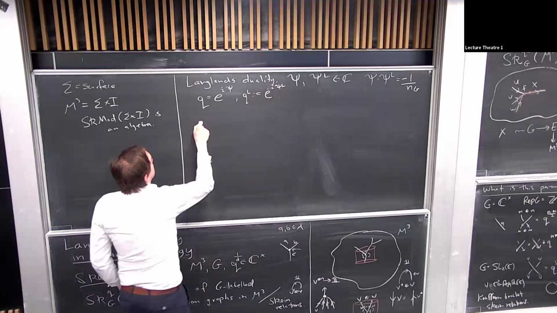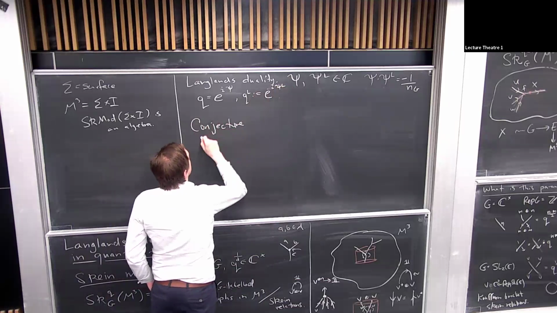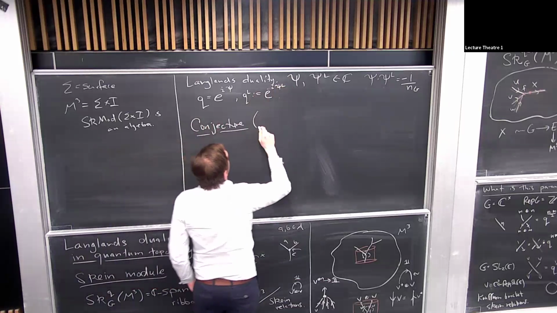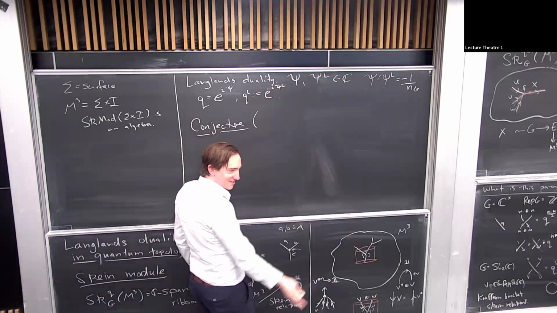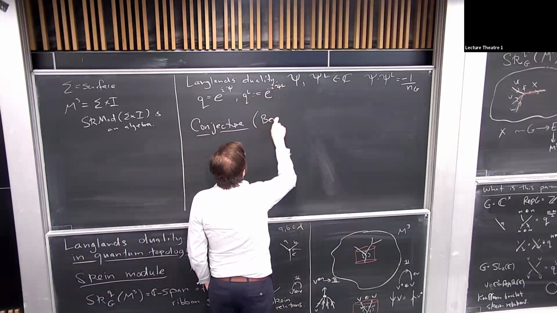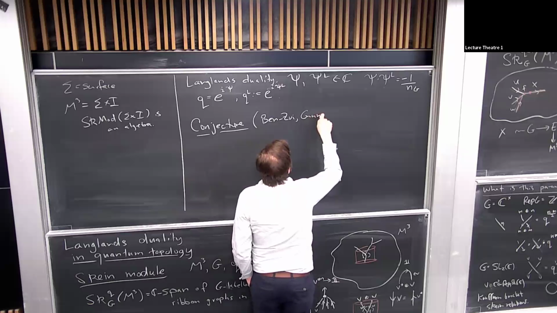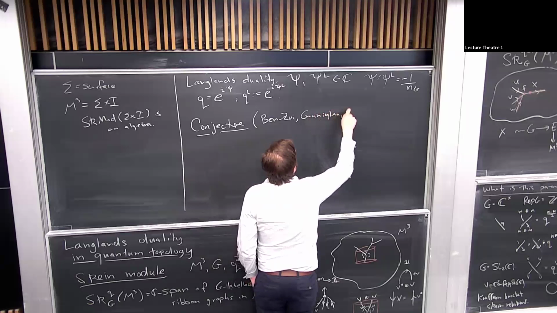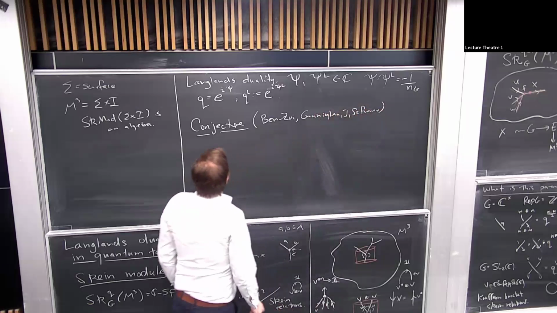And then the conjecture I wanted to share with you all. I know it's a bit pretentious to attribute a conjecture, but I just want to make sure I give credit to people I discussed this with: Ben-Zvi, Gunningham.